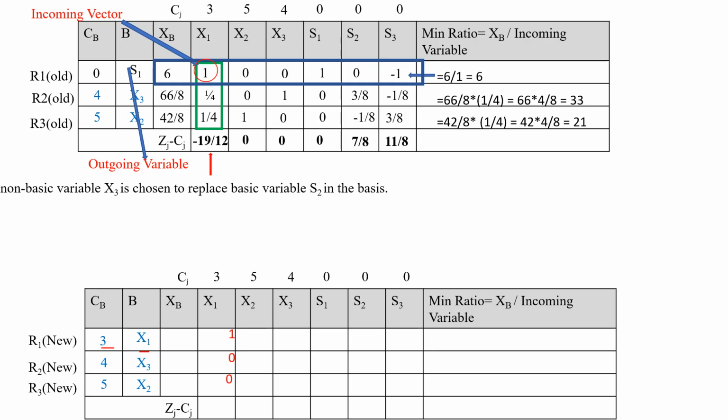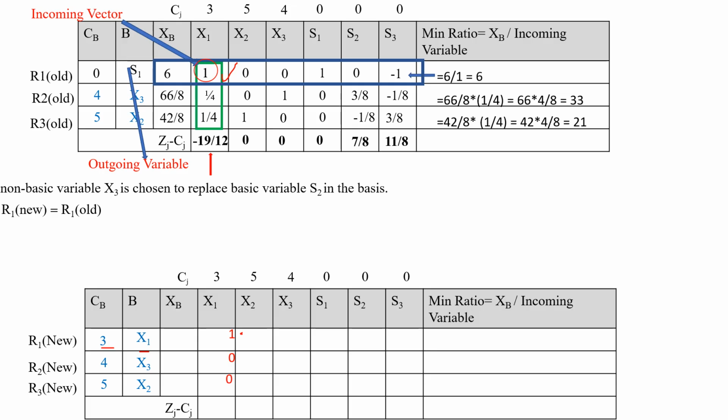Now we apply the following row operations to get 1 0 0 in the x1 column of the new simplex table. First we observe the first row. For the first row there is no need of any row operation, because in the old table, the first row and x1 column value is 1. So we have to get the value also 1, so there is no need of any row operation.